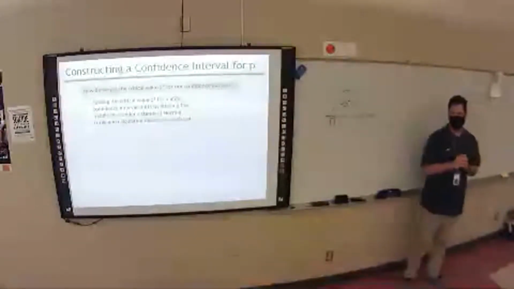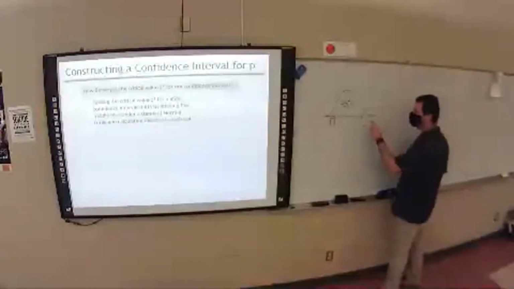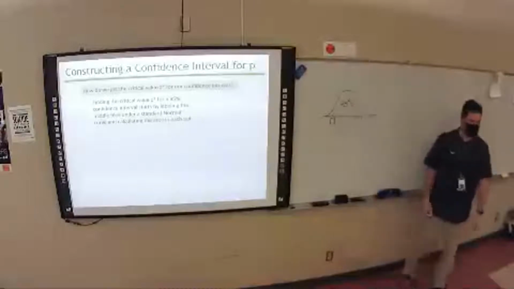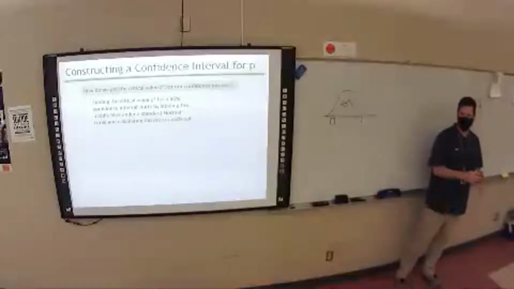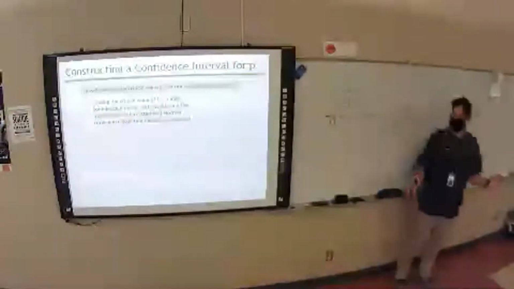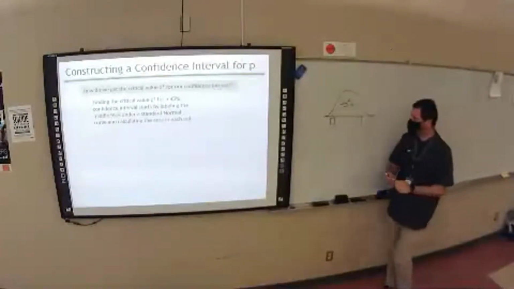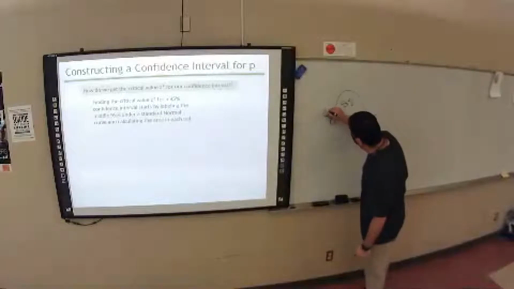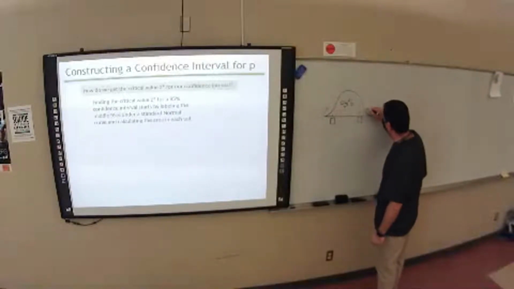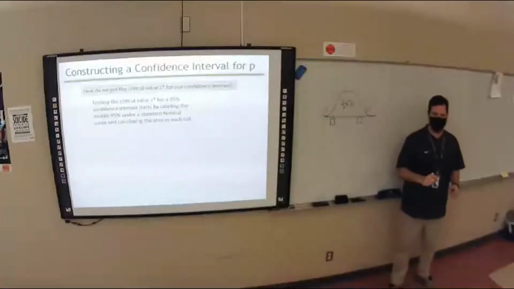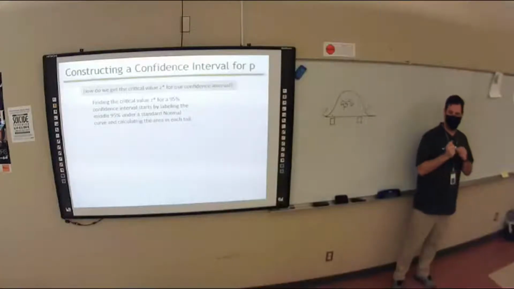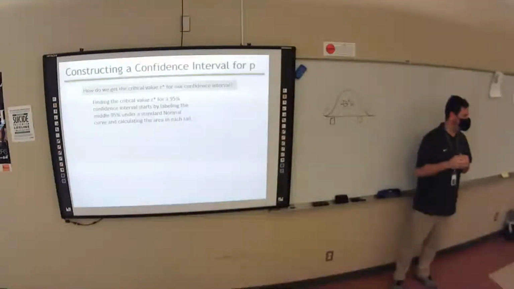So here's what I need to know. If that middle is 95% and the whole thing is 100%, then that leaves 5% left over, and that leaves 0.025 on each end. It's very important that we know that.